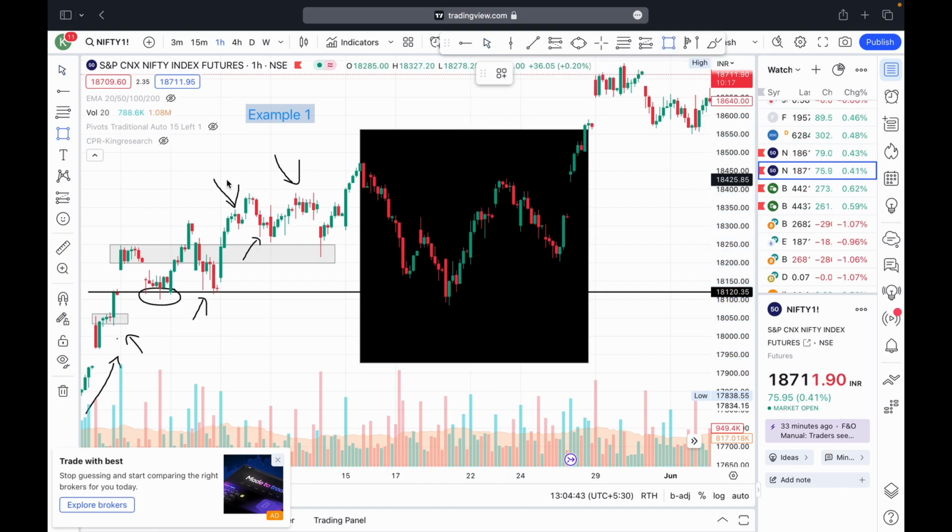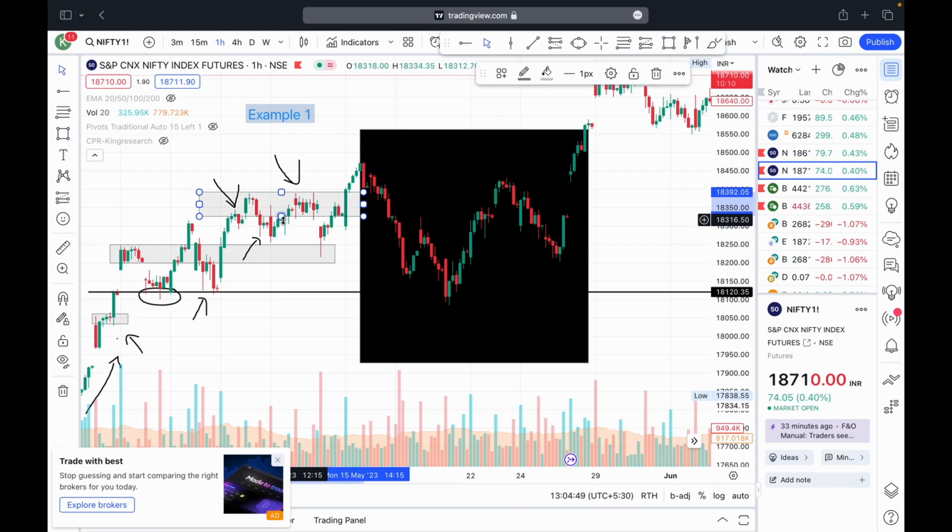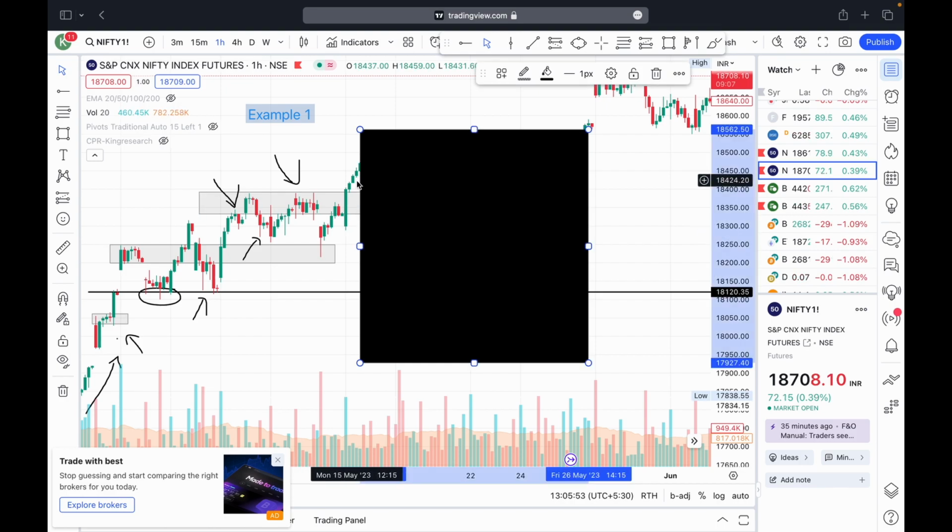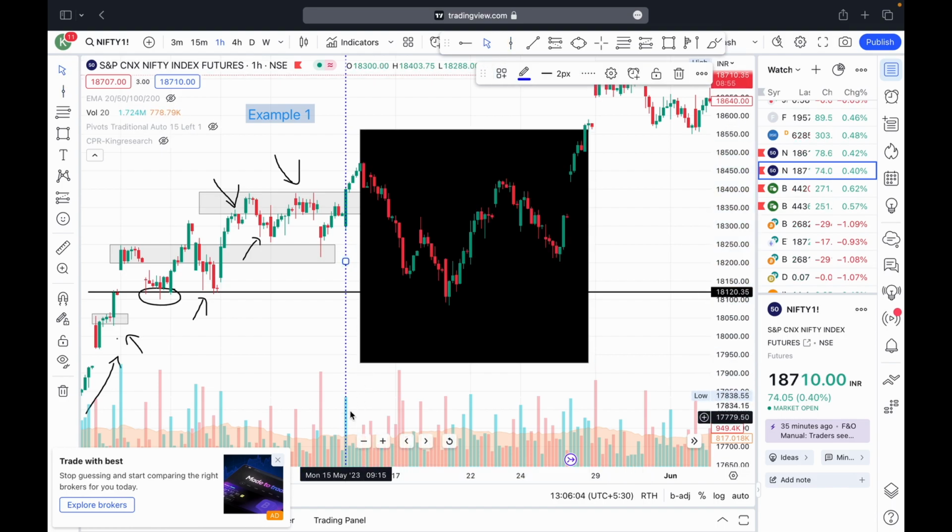This most traded price is here, and the previous 2 days high. So this is a very strong SNR, which is broken by the buyers with quite a momentum, with a very big candle. If I see one more thing, I can see that there is an increase in volume. There is a huge volume on this candle.